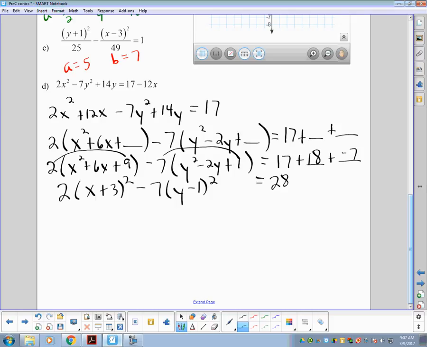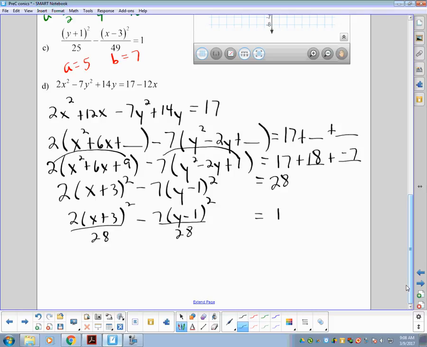Any questions on that? Completing the square step. Factor out the coefficient of the x squared, y squared. And when you complete the square, don't forget that you're actually adding whatever you've pulled out times that number to each side. And when I divide by 28 here to get 1, this will be 2 times x plus 3 squared over 28 minus 7 times y minus 1 squared over 28.